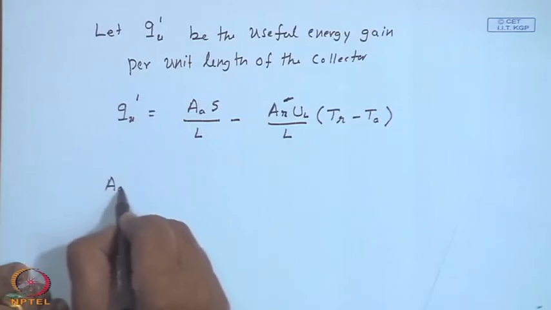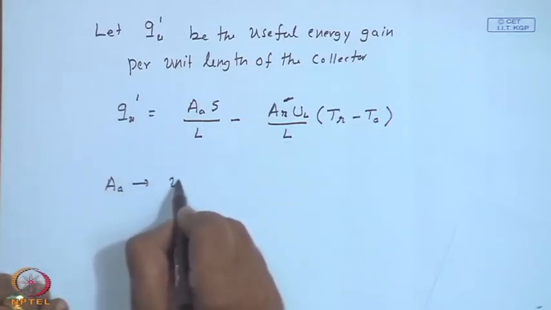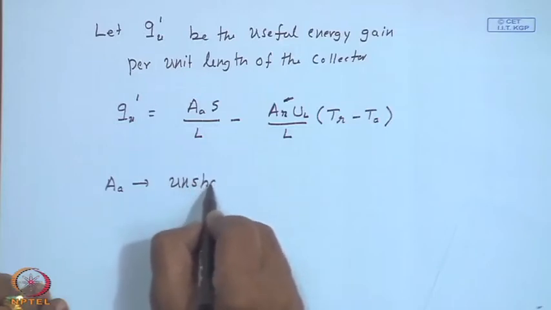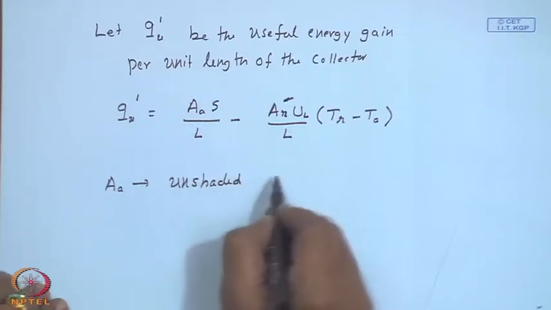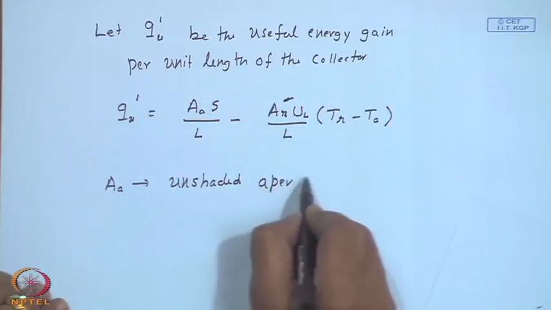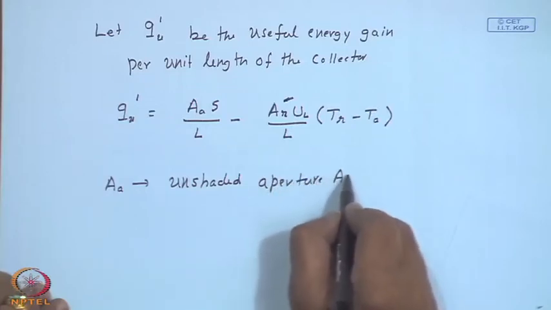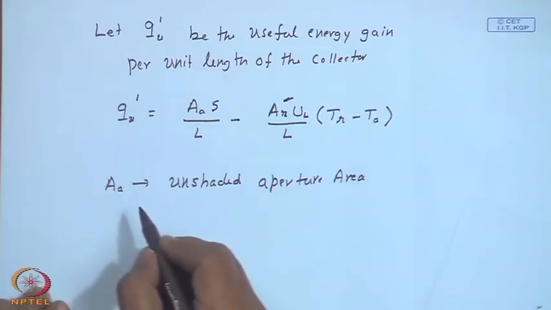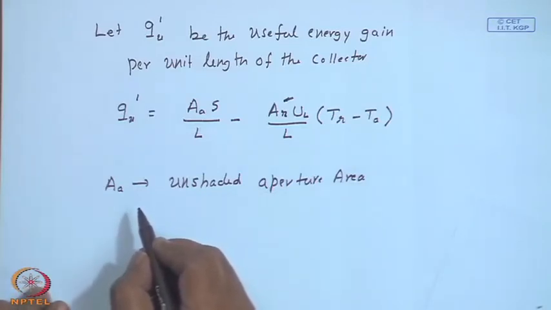So, A can be considered as unshaded aperture area at times. For more accuracy, what we do is we consider that the receiver tube may cast a shadow on the aperture plane or obstruct the solar radiation entering through the aperture. There is no shadow because aperture plane is only an imaginary line, there is no physical plane present over there.